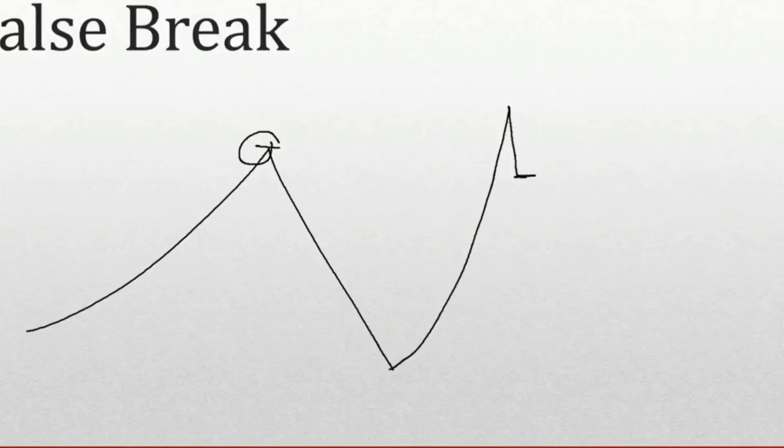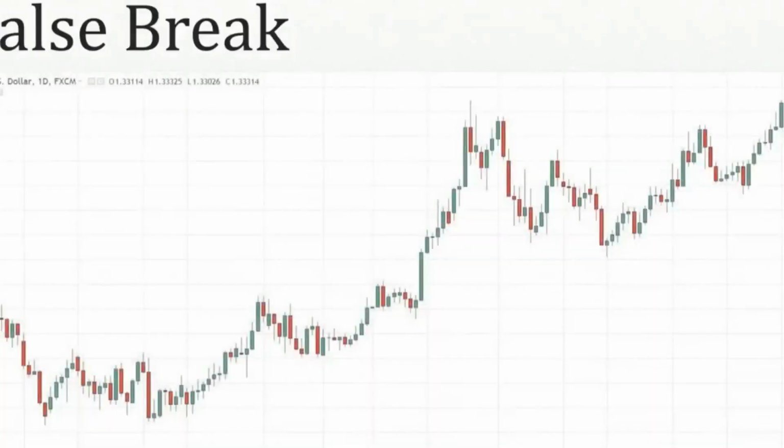So if you want to see how it looks, this is an example of a false break. You can see that this is a high over here, the market breaks above the high, and then there's a reversal closing near the lows of the candle. So traders, you can see, if they are long the breakout, they are trapped because the market has turned against them. So you can actually go short on this pattern.